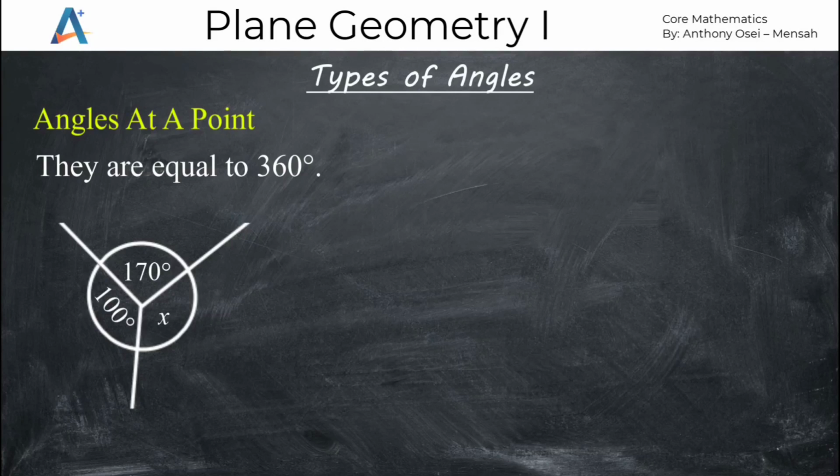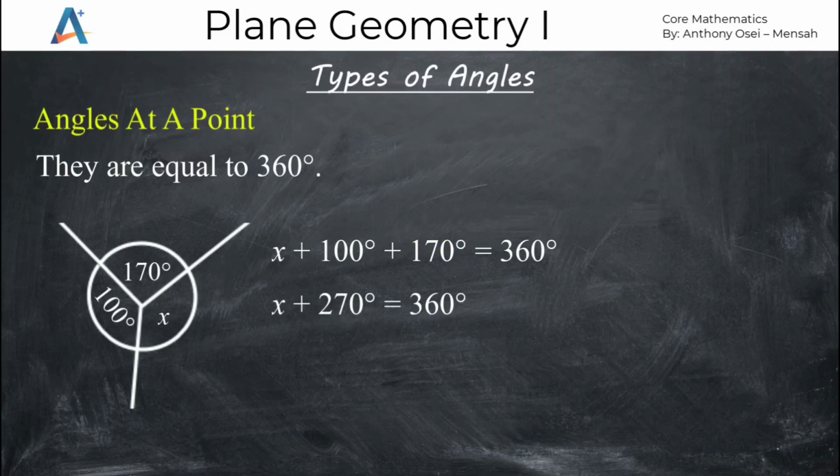So then I'll say X plus 100 plus 170 degrees should be equal to 360 degrees. So 100 plus 170 becomes 270 degrees. So X plus 270 degrees is equal to 360 degrees. Then I'll take positive 270 to the other side of the equal sign to subtract from the 360, since if the positive crosses the equal sign, it becomes negative.